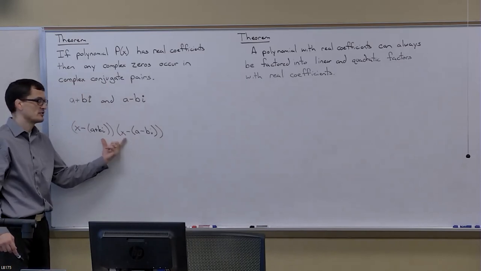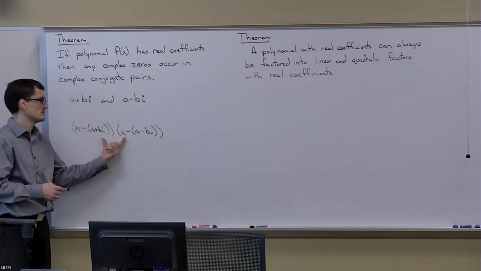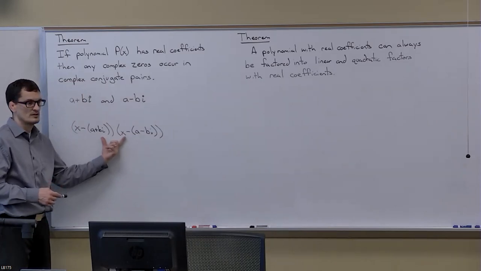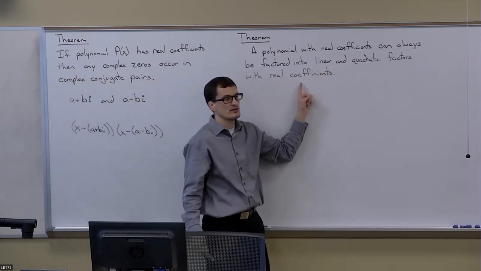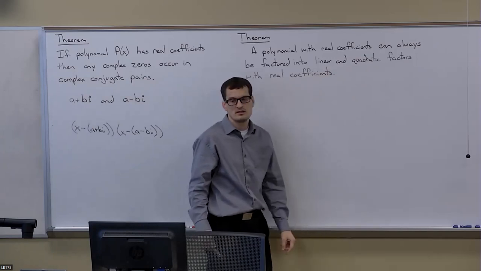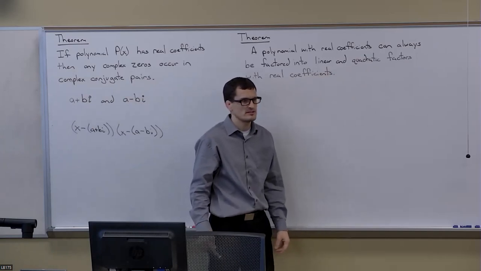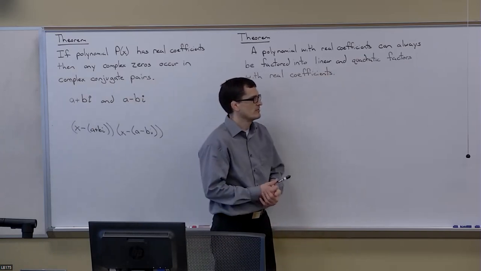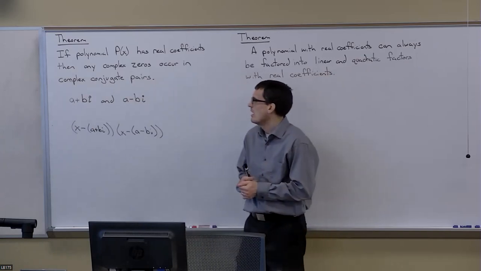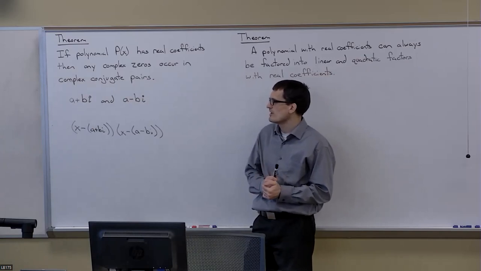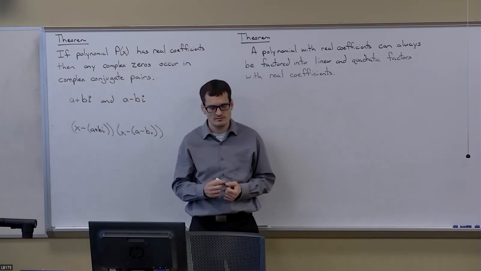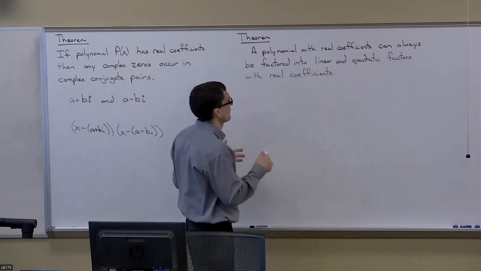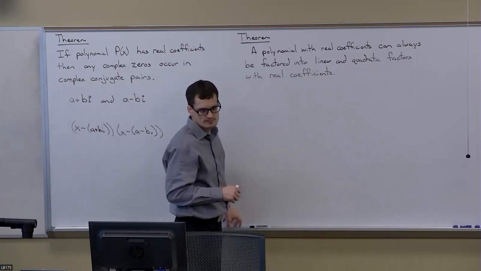I can take the conjugate pair root linear factors, multiply them, and get a quadratic factor with real coefficients. Does that make sense? So if you have real coefficients in your polynomial, we can break that polynomial down.